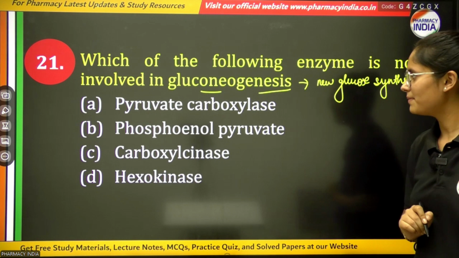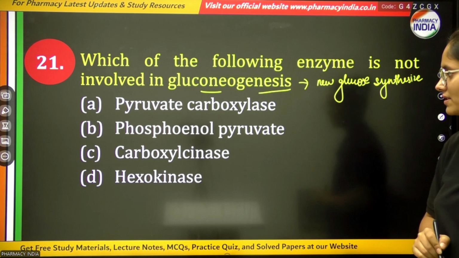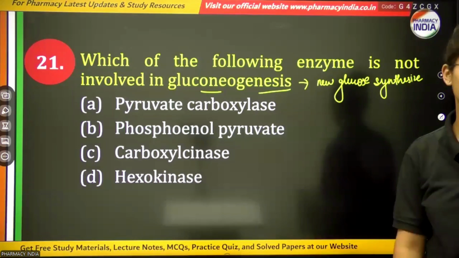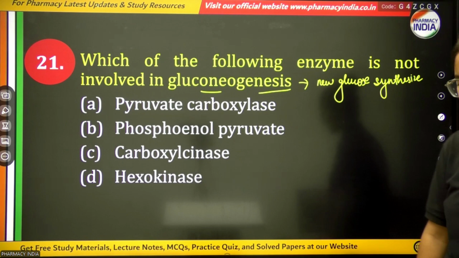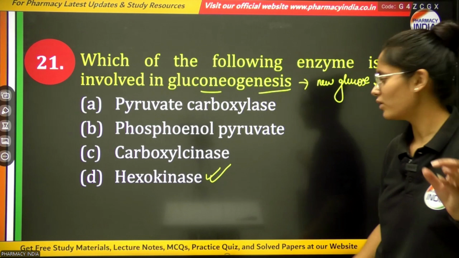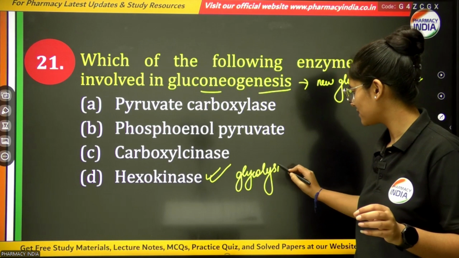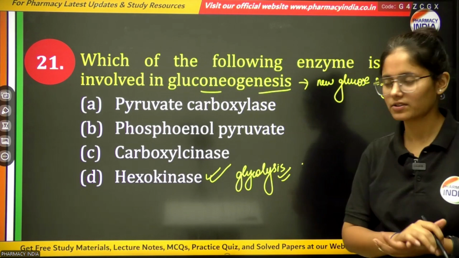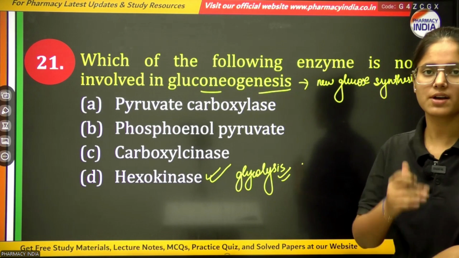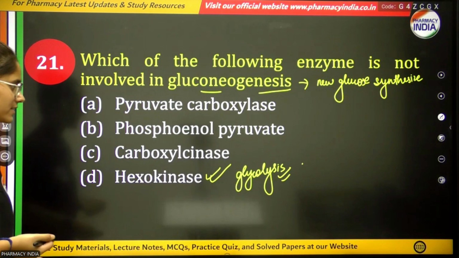Your options are pyruvate carboxylase, phosphoenolpyruvate carboxykinase or hexokinase. Basically, the correct option will be hexokinase because it is an enzyme of glycolysis. Clear? So the correct option will be D, that is hexokinase, which is an enzyme of glycolysis.